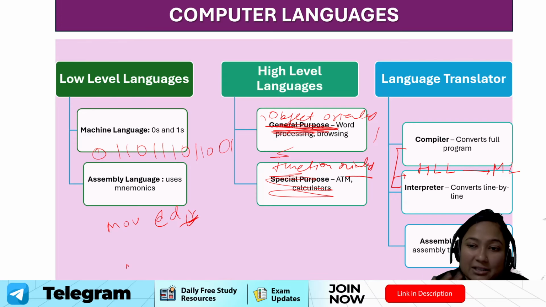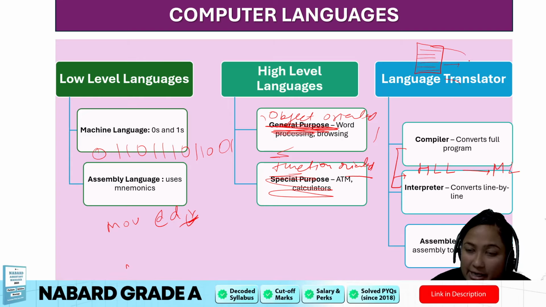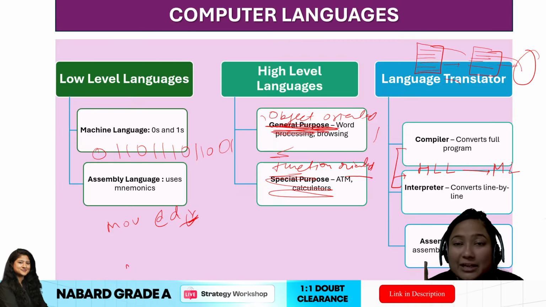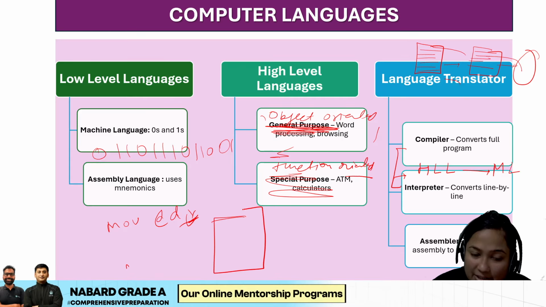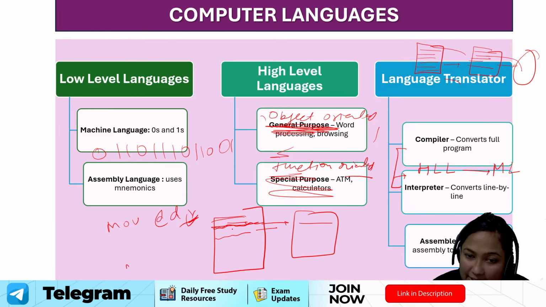But what is the difference here? The compiler reads your whole code. This is a file with code. It will create an executable file, and then it will convert the whole file into low level language at once. So it does the task in one go. On the other hand, the interpreter reads one line, then converts it.